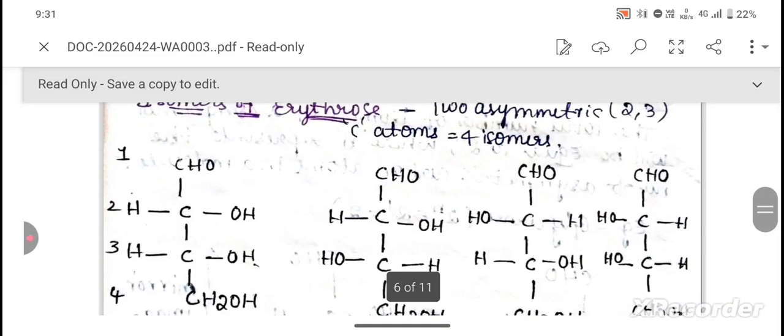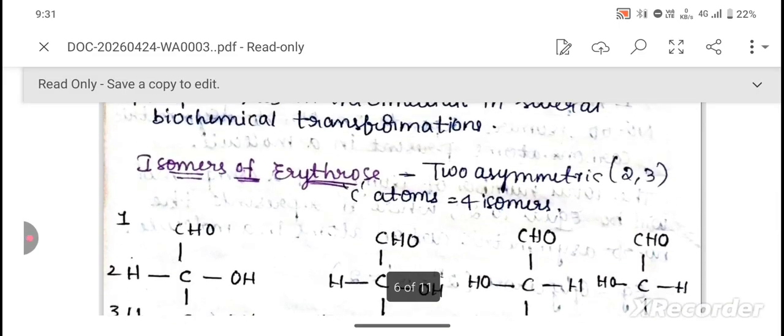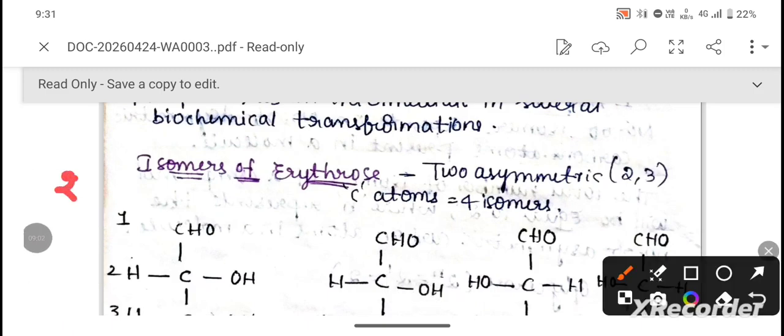So due to the presence of two asymmetric carbon atoms, when you substitute here 2 to the power n, n is equal to 2, which means two asymmetric carbons are present.